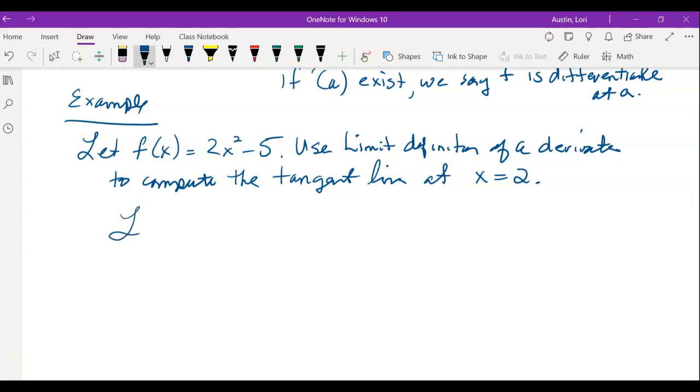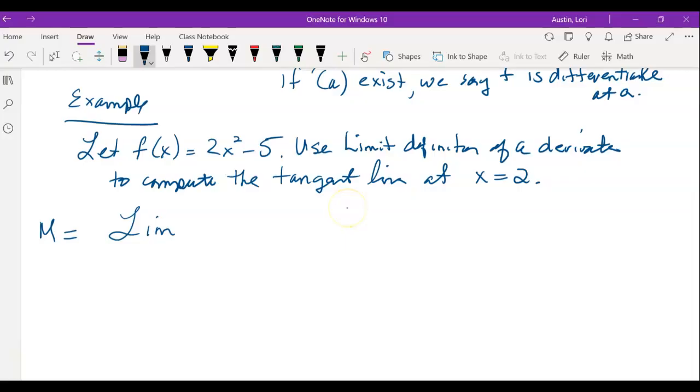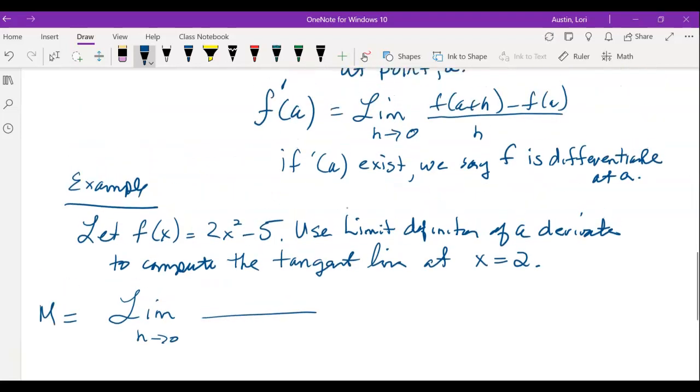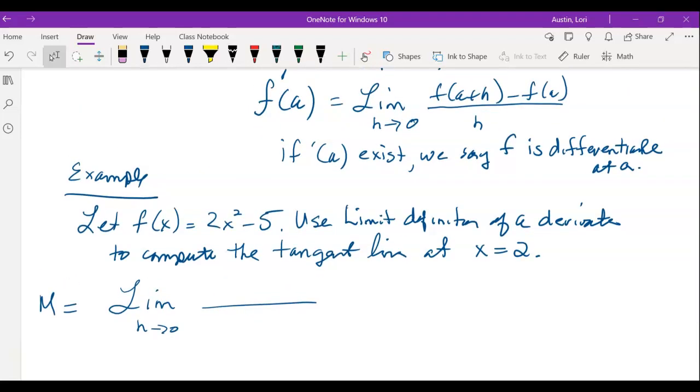So you start with your definition. I want the limit. So to find the slope, we're going to take the limit as h approaches 0. All right. You got that formula. There it is in the upper corner. So now I want f of a plus h.